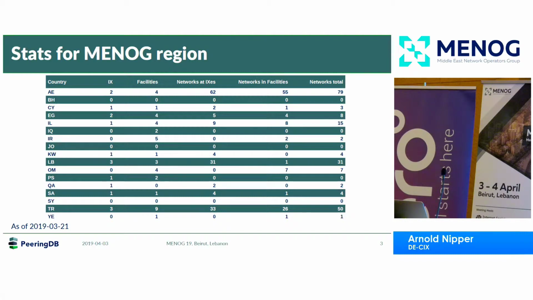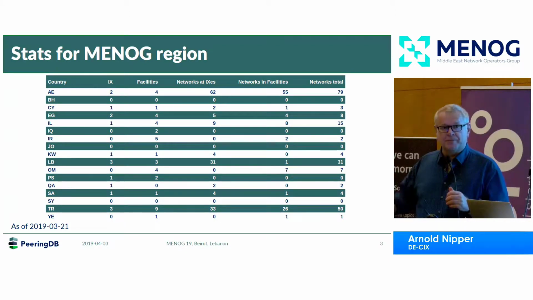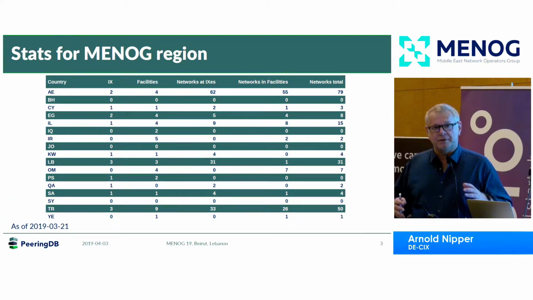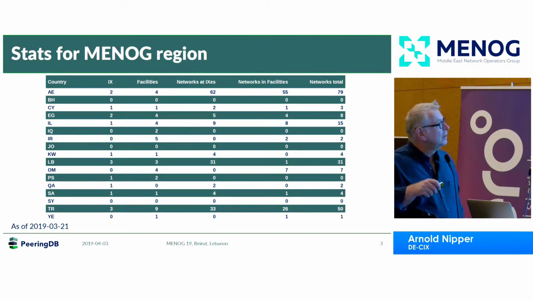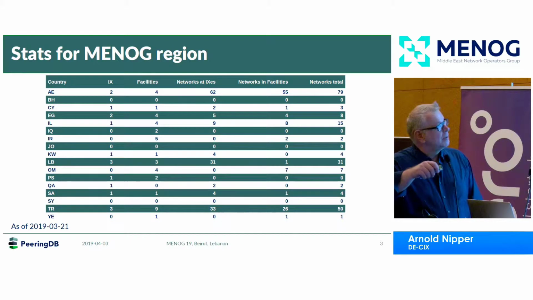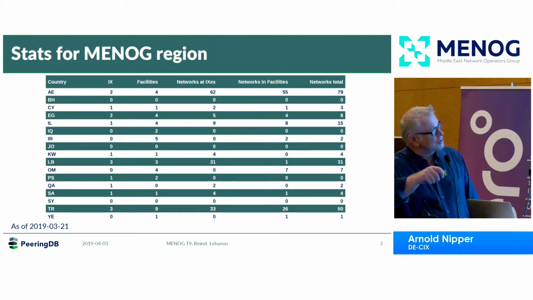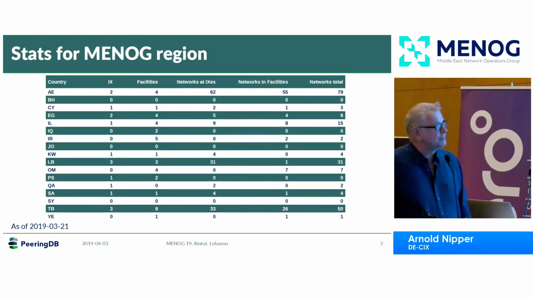The next one is the networks at IXs. This does not necessarily mean that the networks come from the region, but these are the numbers of networks which are connected to the IX. Then I did the same for the facilities, and the last column is I took all the networks which are at exchange points and which are in facilities, and then I eliminated the duplicates.